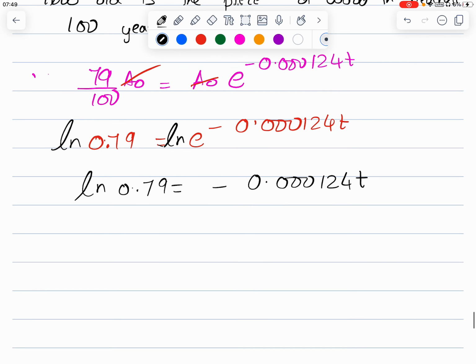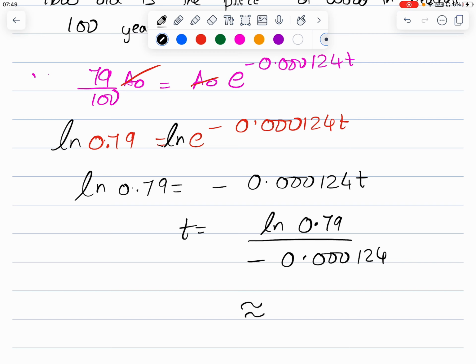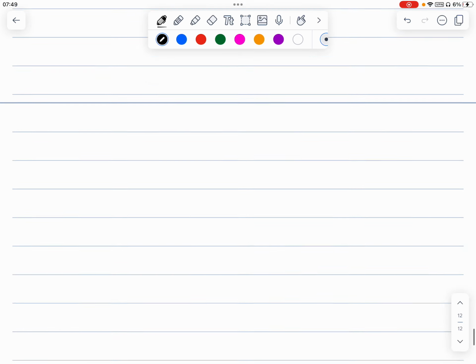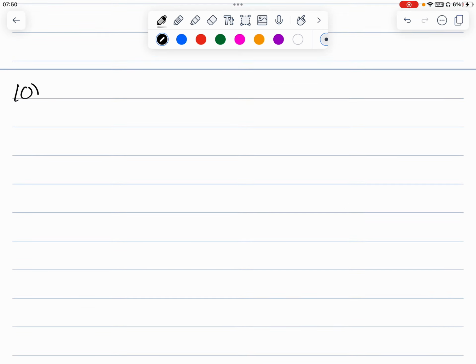So from there, I get the value of t as ln 0.79 divided by minus 0.000124. Simplify that, you should be able to get 1900 years. That's question number 9.